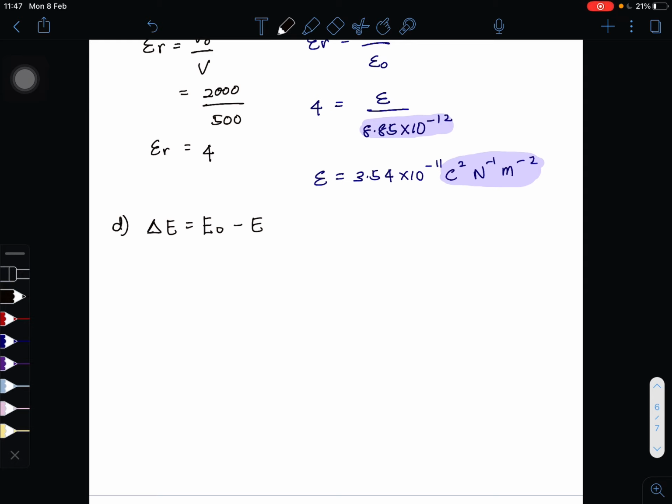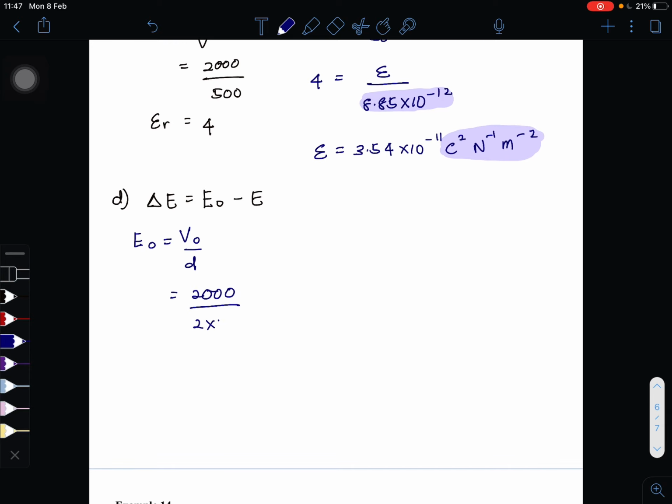So we find the initial first. How do we find the initial? We know the formula is E naught is equal to V naught divided by D. V naught was 2000, and D will be equal to 2 exponent negative 3. So we get the electric field for the initial one, 1 exponent 6 volt per meter.